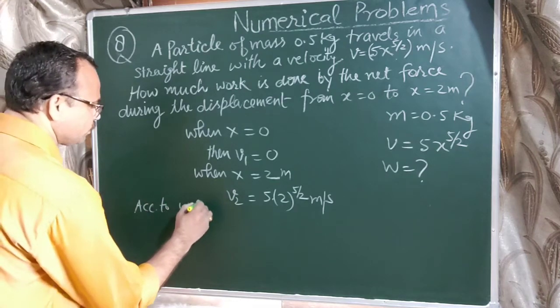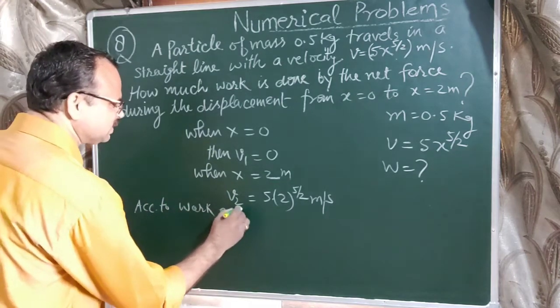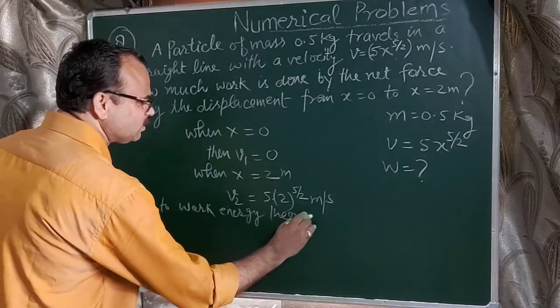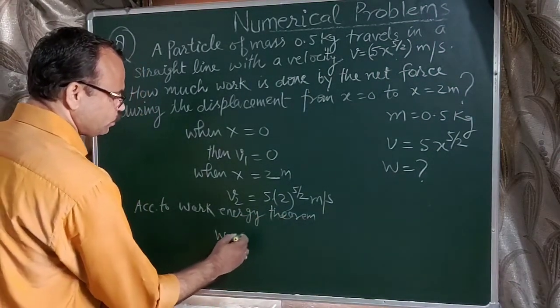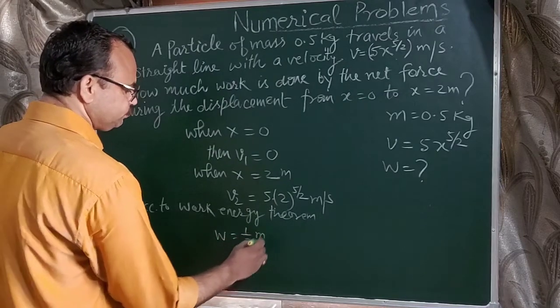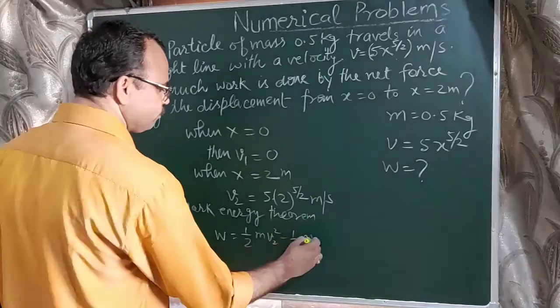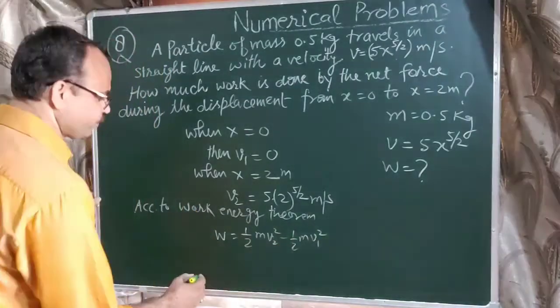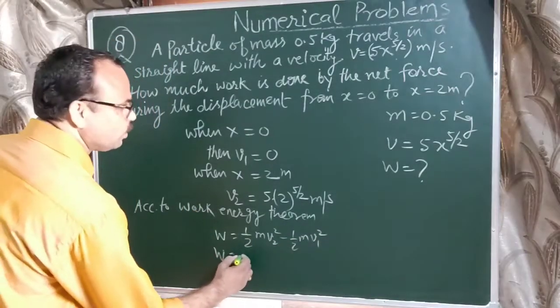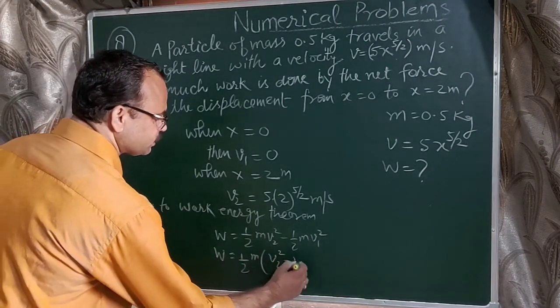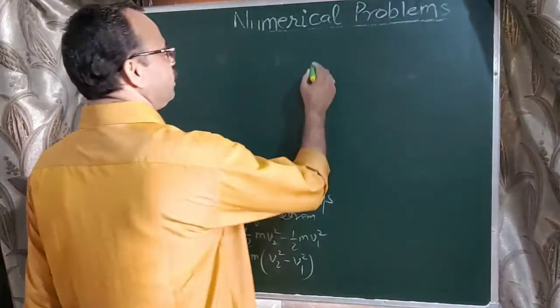work energy theorem, W equals 1 upon 2 m v2 square minus 1 upon 2 m v1 square. Okay, so W equals 1 upon 2 m common, here v2 square minus v1 square, right?